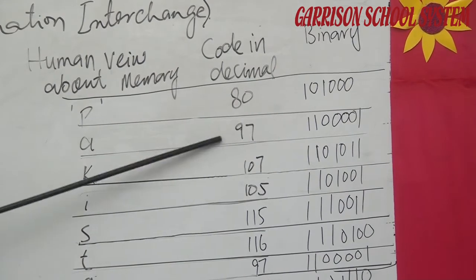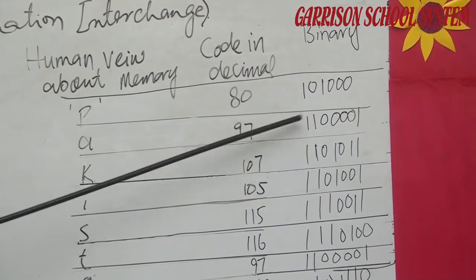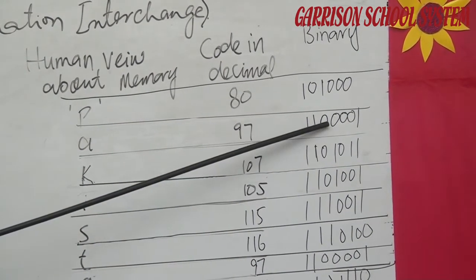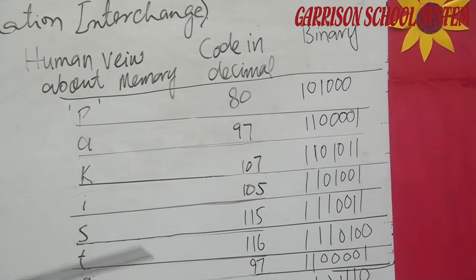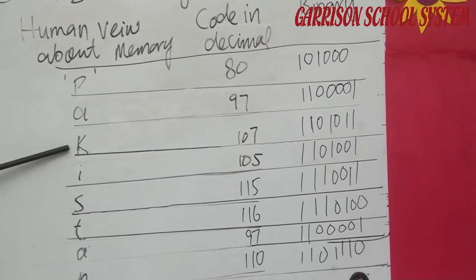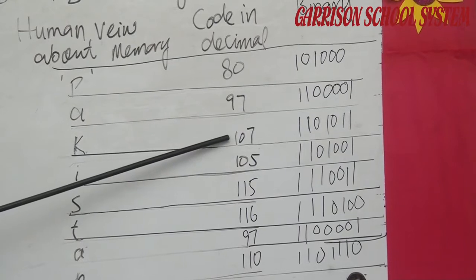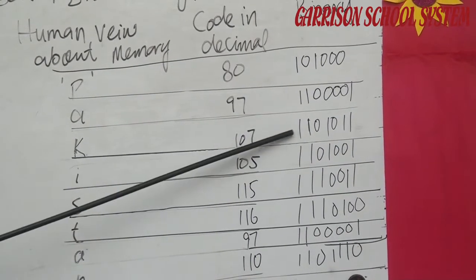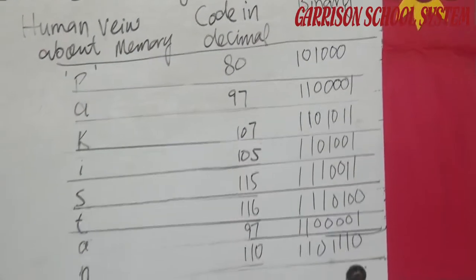Its decimal code is 97, its binary form is 1100001. Similarly, small k, its decimal code is 107, its binary is 1101011.